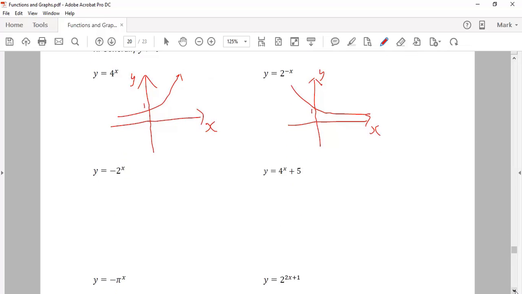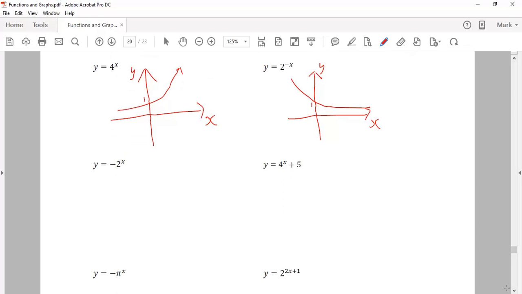So the next one, the negative case, it's just the top one, but it's going to be flipped about the x-axis. So this one's going to look like this, and it's going to cut at negative 1. So this one is just the basic graph shifted up 5 spaces.